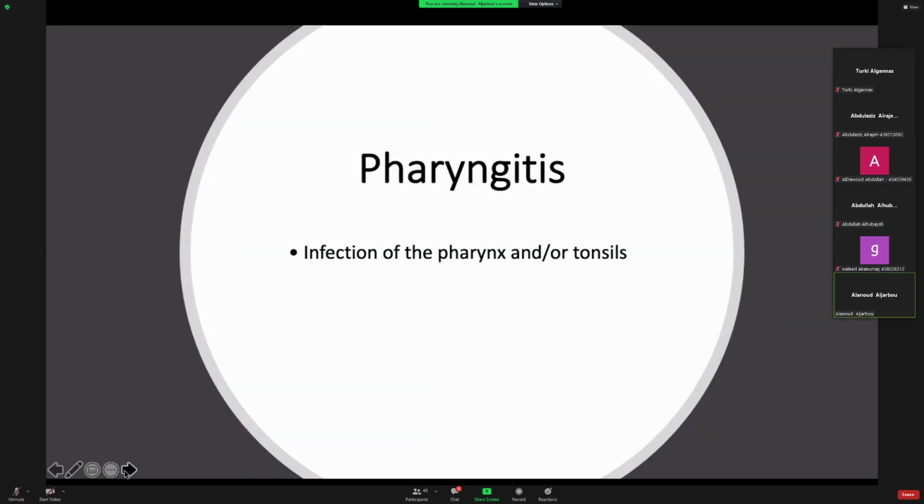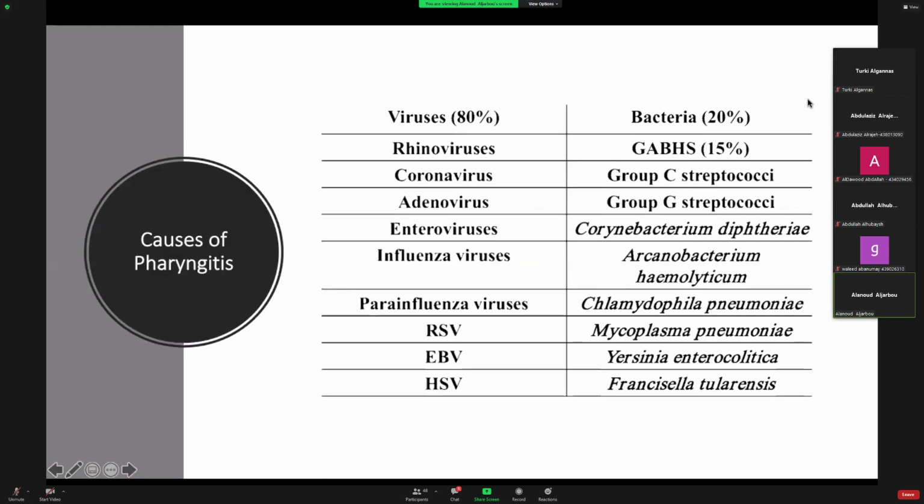So we will now discuss pharyngitis, which is the infection of the pharynx and tonsils. The main causes, as we mentioned, are viruses, more than 80%. It can be any of the viruses: rhino, adeno, corona, entero, influenza, parainfluenza, RSV. Bacteria only cause 20% of pharyngitis, and most importantly, it's Group A strep.